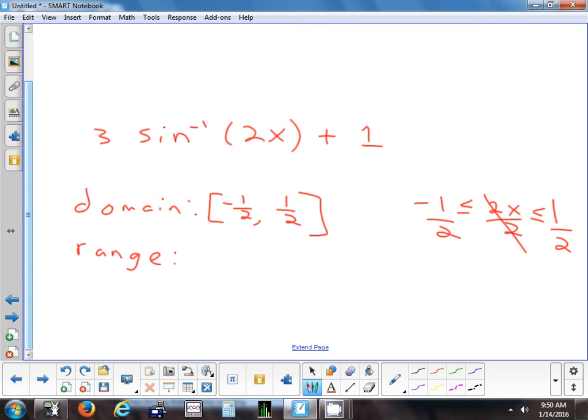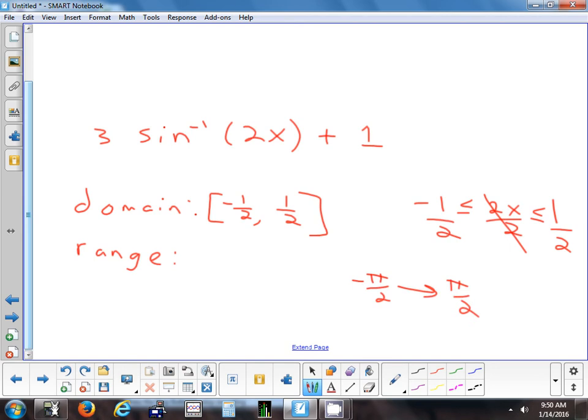Okay, my range, let's see. So the original range, think of the domain of sine, and we restricted it. Normally sine goes left and right forever, but the restriction we put on it so that it would have an inverse is from -π/2 to π/2. Now that's our original, and the first thing we're going to do is triple it.